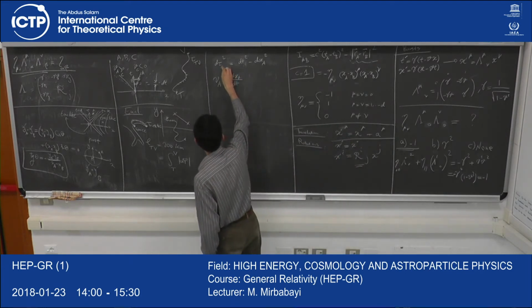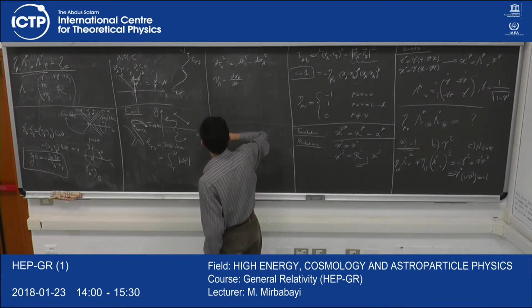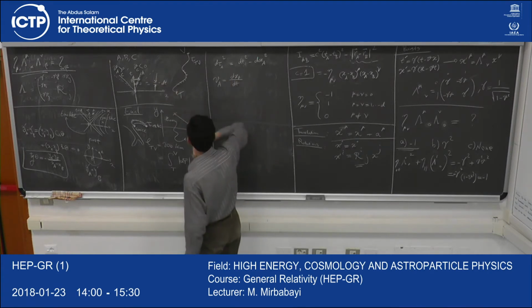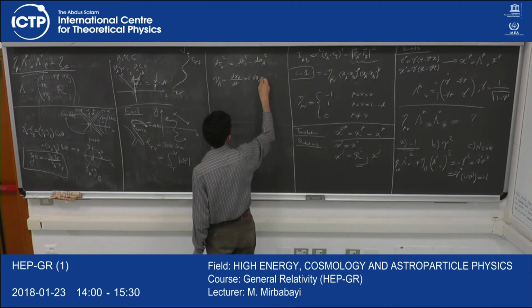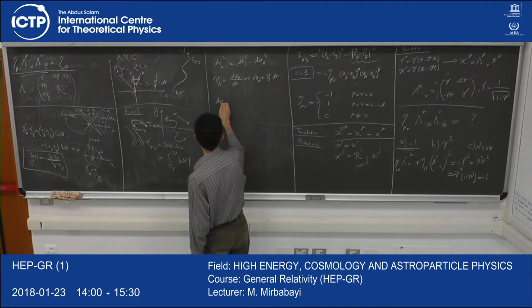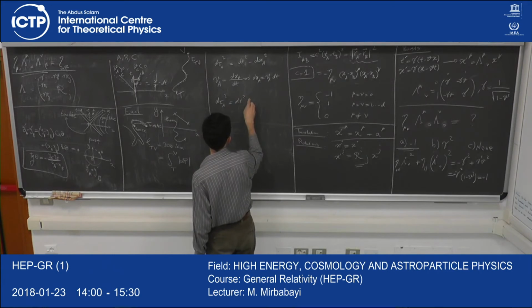And this is the interval calculated for the world line of Alice. So from here I can relate dx_a to dt, VA dt, which means that d tau_a squared is equal to dt squared times 1 minus VA squared.